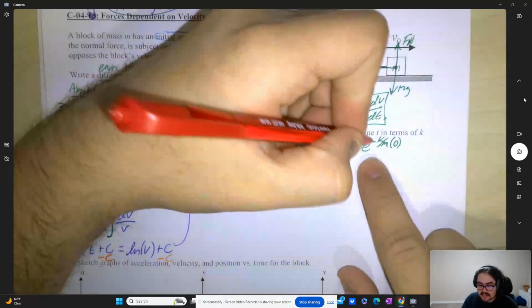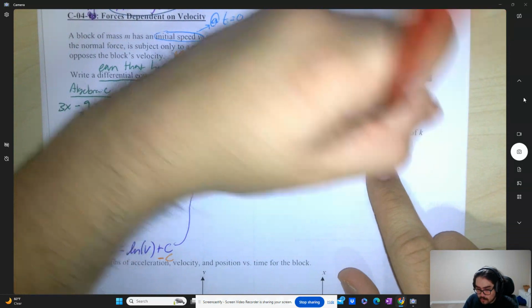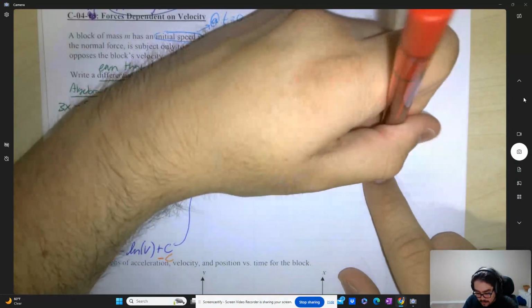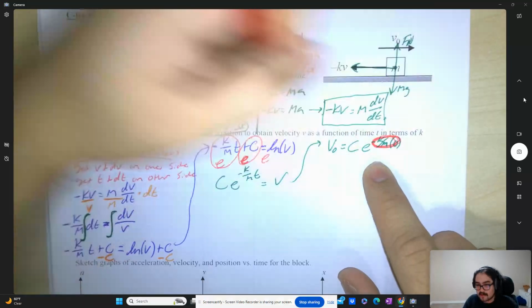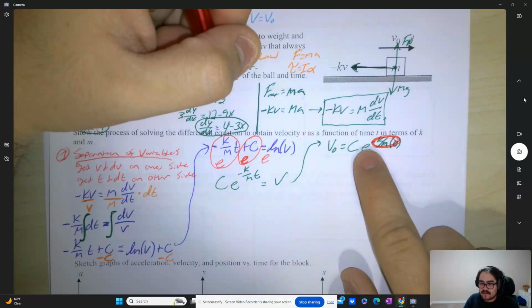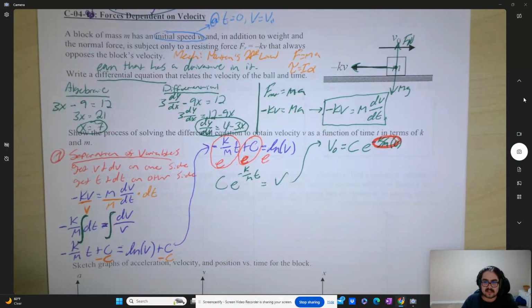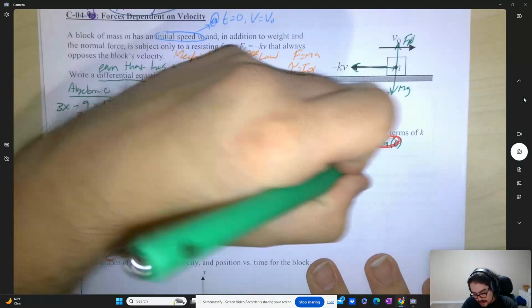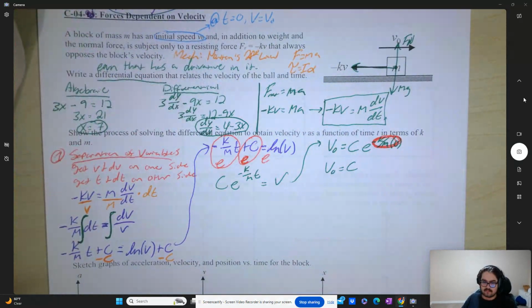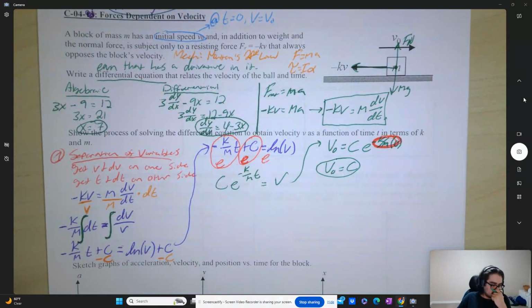So that turns this entire exponent into 0, right? This whole thing becomes 0, okay? So then e to the 0 is just what? Oh, it's e to the 0 is just 1, right? So then v naught equals c. Oh, wasn't that like quick and painless, right?